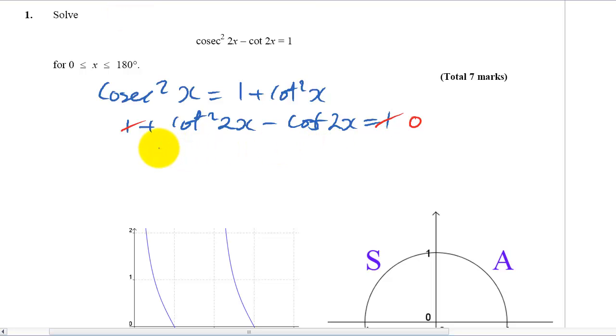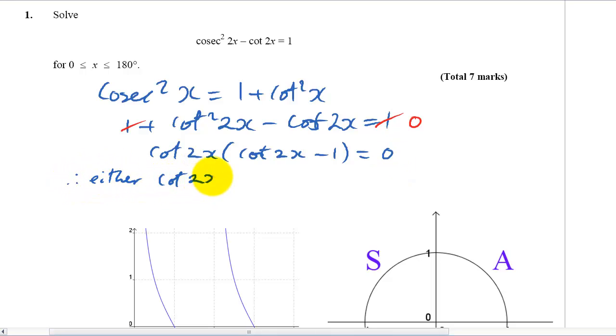We take out a factor of cot 2x, and that leaves us cot 2x still here, minus 1. So cot 2x times cot 2x minus 1 equals 0. So therefore, either cot 2x equals 0 or cot 2x equals 1. Take that from the brackets.